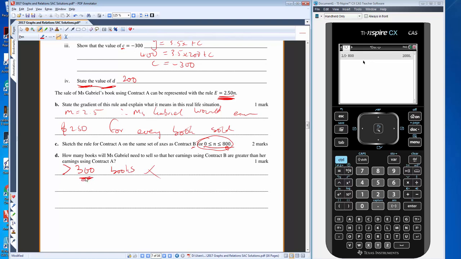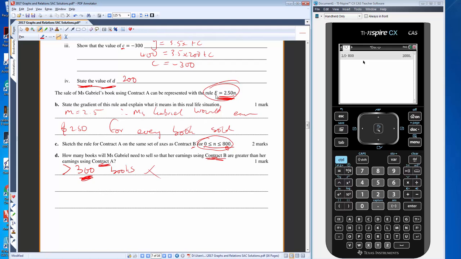Okay, 300 exactly will mean that the earnings are exactly the same, and the question says earnings for contract B are greater than earnings for contract A, so it needed to be greater than 300 books. You could have done it also using, not financial solver, I'm still thinking of recursion here.